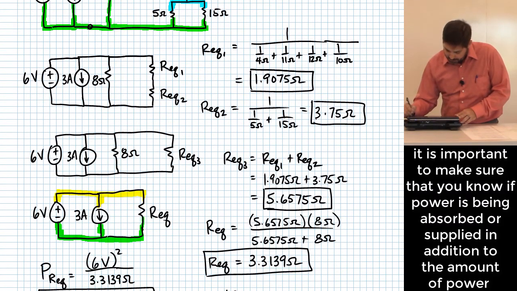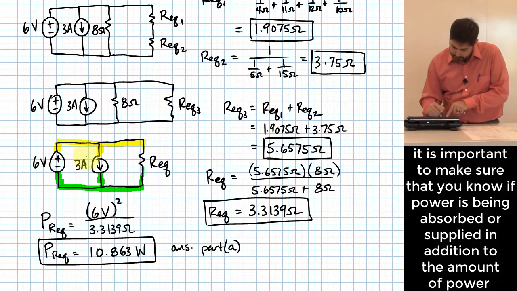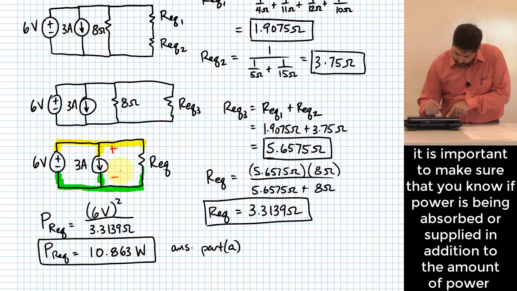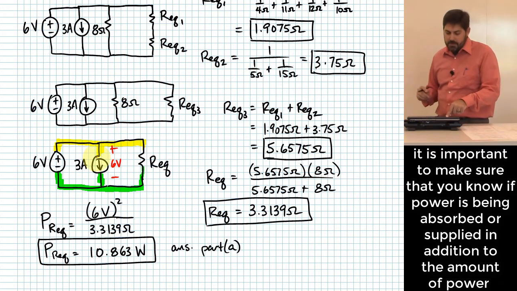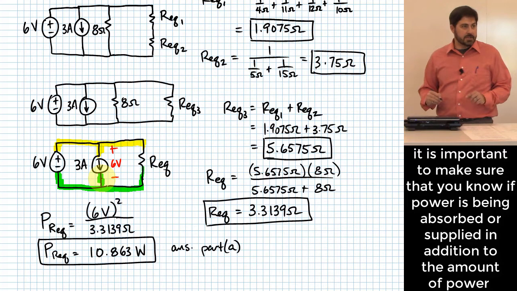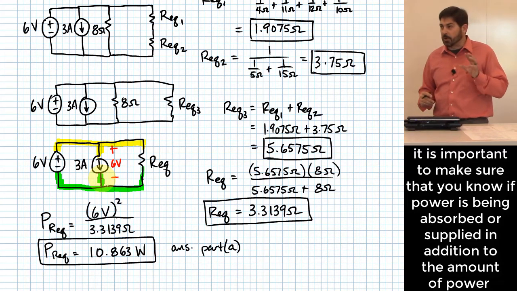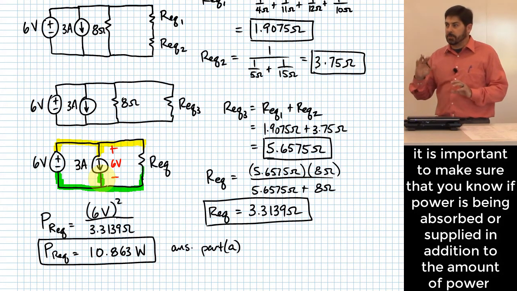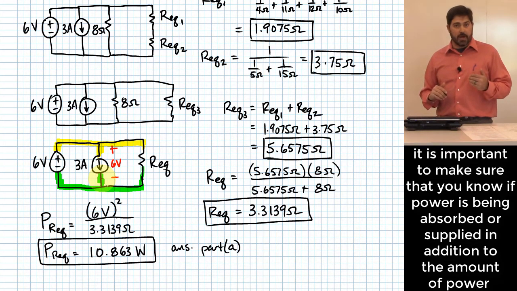Let me do this as well, because I can go down into showing this one. I know that the voltage is actually this way across that current source, and the current is flowing from positive to negative. Does that mean that I'm having power absorbed there or power supplied by the current source? Absorbed, right?